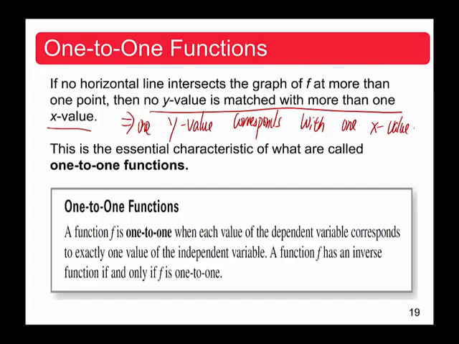So this is the essential characteristic of what we call a one-to-one function. A function f is one-to-one when each value of the dependent variable, meaning y values, corresponds to exactly one value of the independent variable, x value. Then the function f has an inverse function if and only if f is one-to-one.